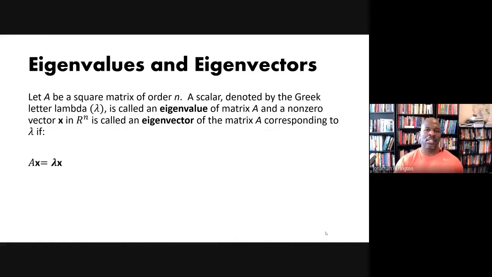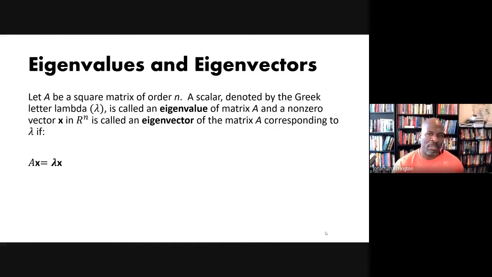Now you may look at this initially and say it's a very simple identity. What's so important about eigenvalues and eigenvectors if that happens? Well, yeah, it is a pretty simple identity. But think about what it's saying. We have three components to this whole deal: a matrix A, a vector X, and a scalar lambda.